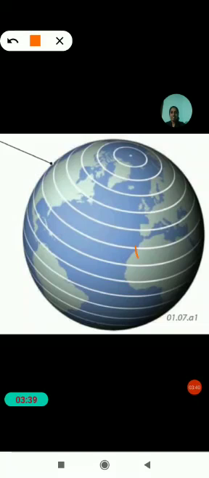These are latitudinal lines that run from east to west. So the full circles are called latitudes or parallels. Okay.